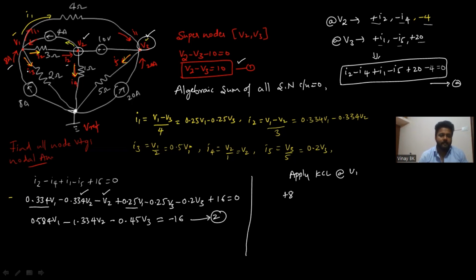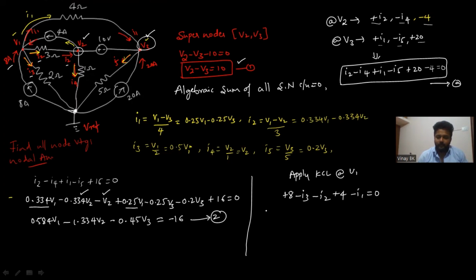Similarly, I3 is leaving, so minus I3. I2 is leaving, minus I2. And 4 ampere is entering, so plus 4. I1 is leaving, minus I1 equals 0.